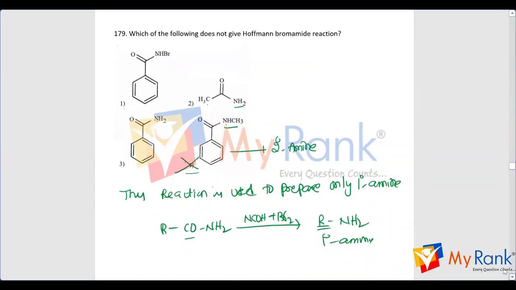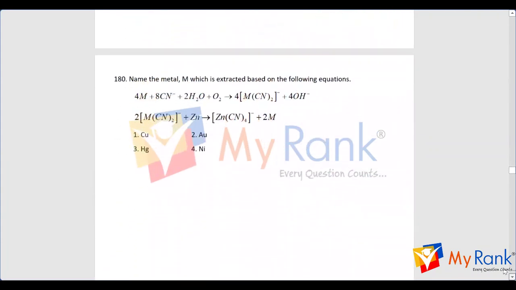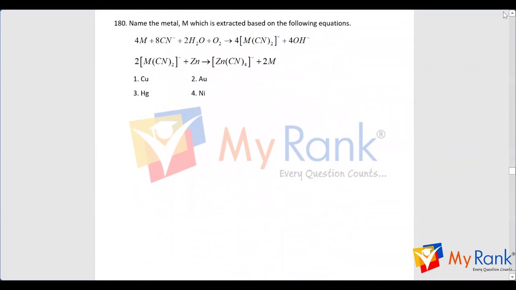And question number 180. Now, name the metal M which is extracted based on the following equations. See, this is extraction of gold.